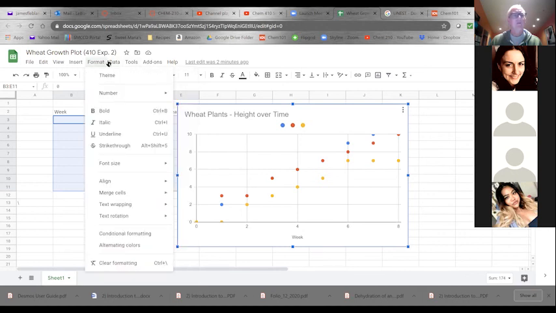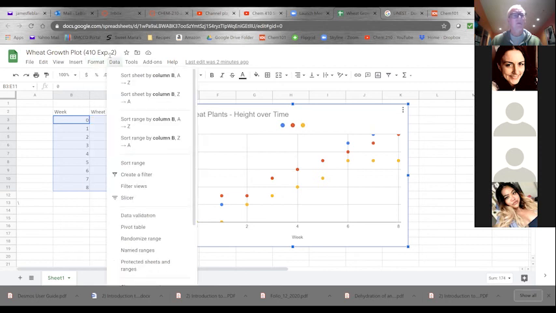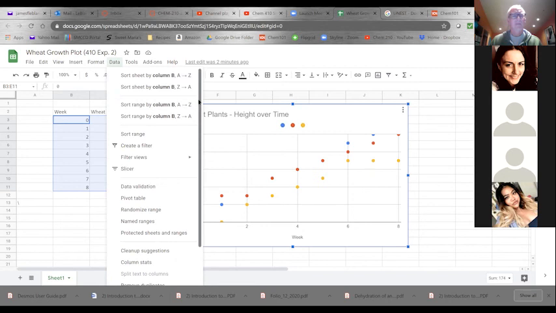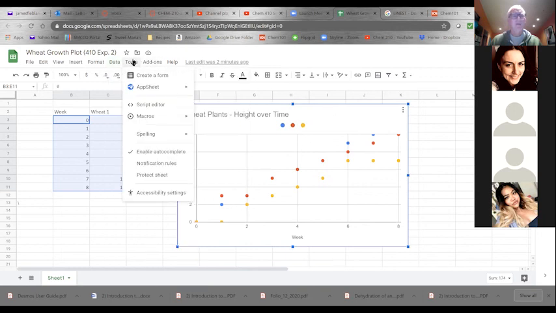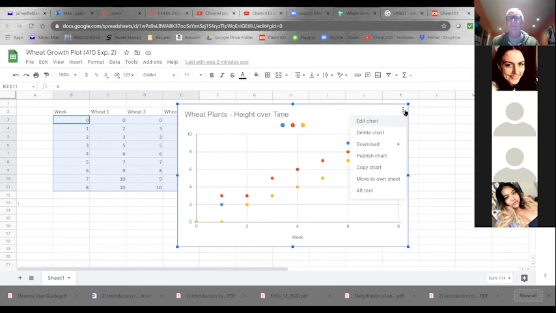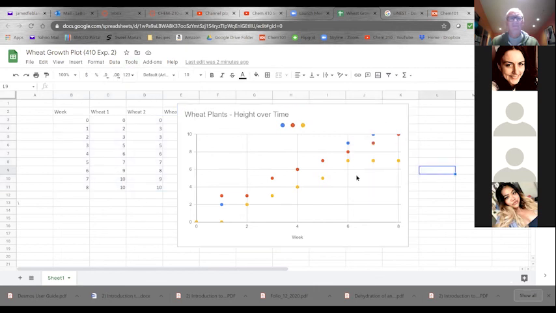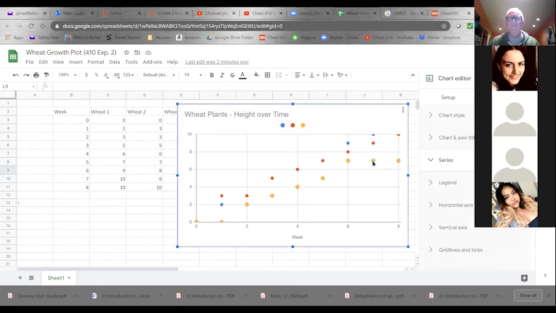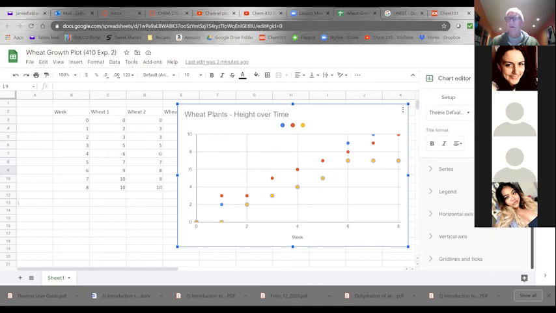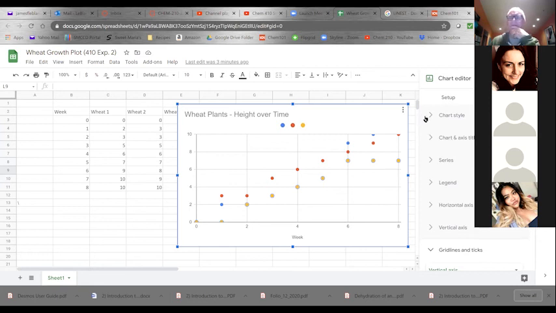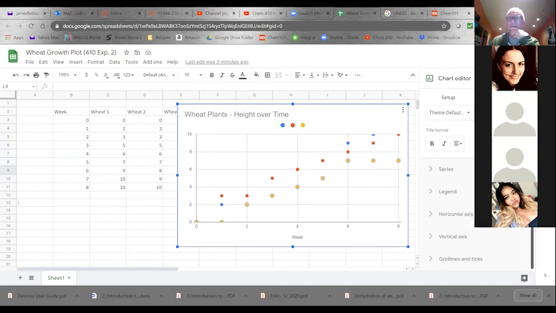Where is our trend line? Damn it. Trend line. God, there it is.